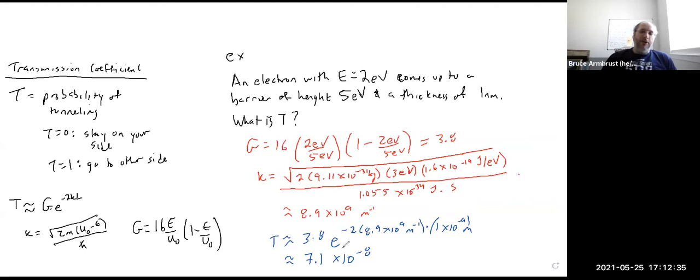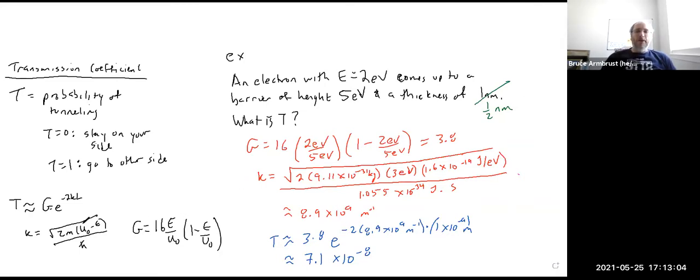Now, here's what I want to show you. This is pretty crazy. Suppose we cut this in half. So instead of only being a thickness of 1 nanometer, it's only going to be half a nanometer. So we'll just cut it in half. Check out what this does to our odds.